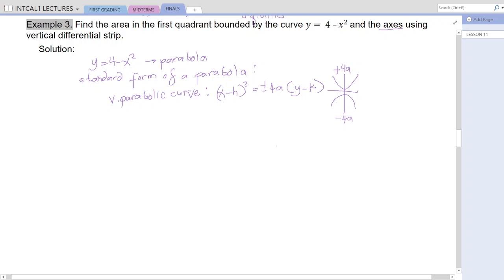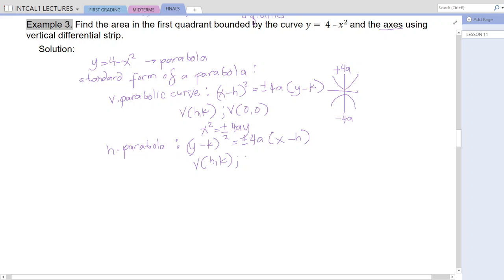so that is the length of the latus rectum. Okay, so again, if the vertex is at hk, and if that is at 0 0, the standard form will be x squared is equal to plus and minus 4ay. Okay, so using again the horizontal parabolic curve. For a horizontal parabola, we use y minus k squared is equal to plus and minus 4a multiplied by x minus h, where the vertex is at hk again.